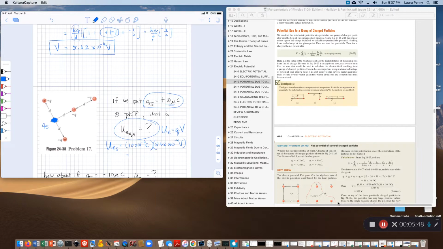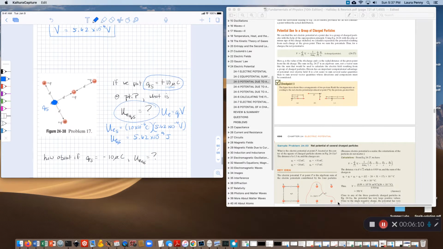This is a tiny potential energy. 5.62 times 10 to the -9 joules. That's just the electric potential energy of that one charge.